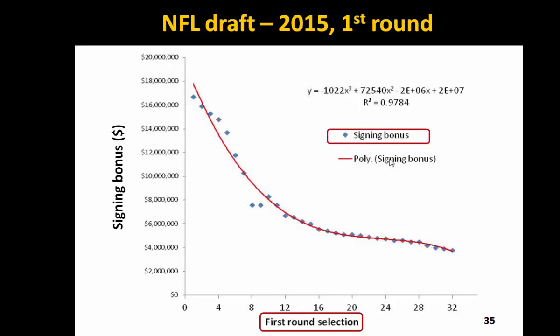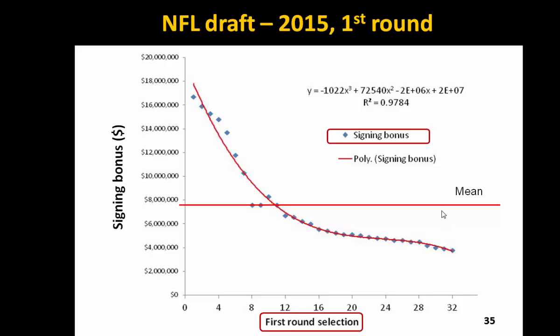And in terms of the blue diamond symbols here, this is the actual value paid out to the actual player that was selected in the respective rounds. Here we see the first round player having the highest signing bonus, and the last player selected in the first round having the lowest signing bonus.